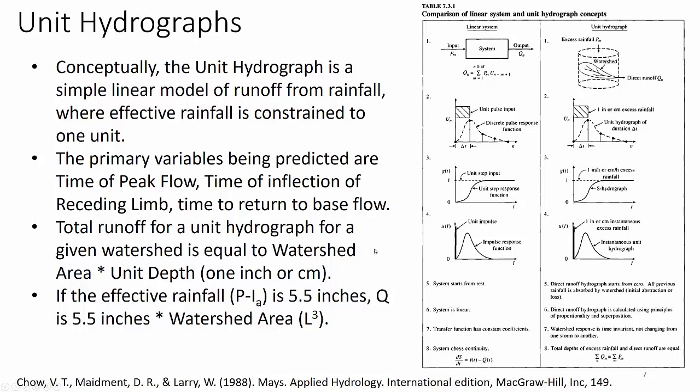If the effective rainfall, P minus initial abstractions, is 5.5 inches, Q equals 5.5 inches times the watershed area. Watershed area is L2, but inches times area gives you L3 volume.